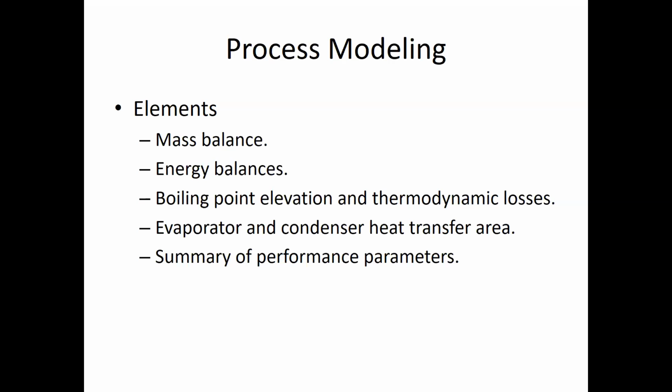The losses that we have there are basically losses of heat transfer. So it's something related to the pressure difference, something related to the boiling point elevation, something related to the existence of the non-condensable gases that we need to vent out. Normally you have something that we call an ejector to vent out the non-condensable gases. You get rid of them in the system, but when you do that, you lose a part of the steam as well.